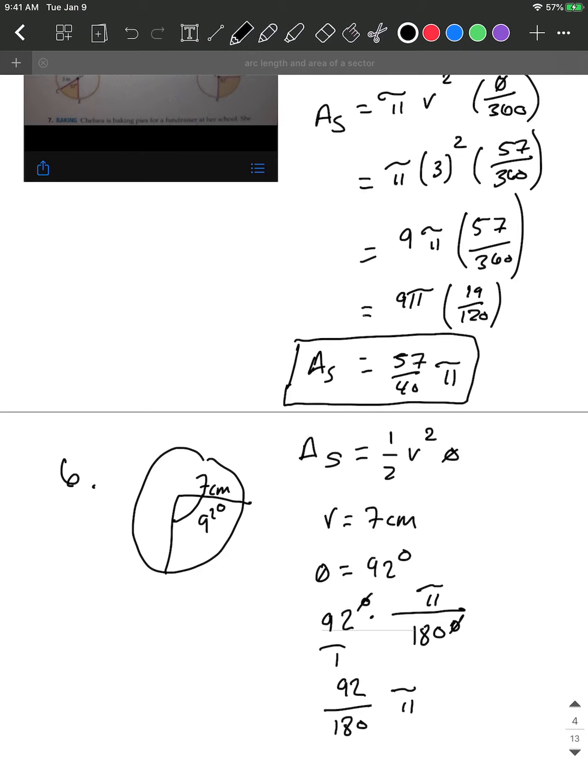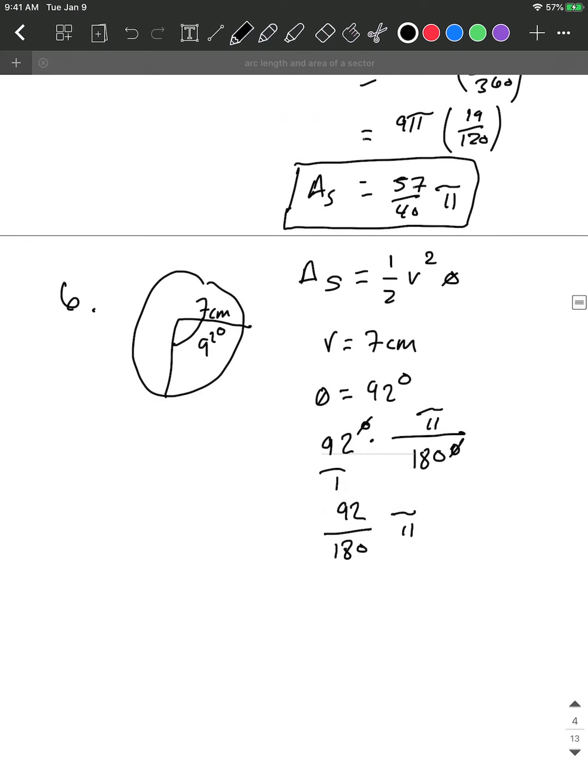And we're just checking to see what that simplifies to. It's 23 over 45 pi. So we know right now that the angle is 23 over 45 pi. Now we can multiply that by 1/2 times 7 squared.